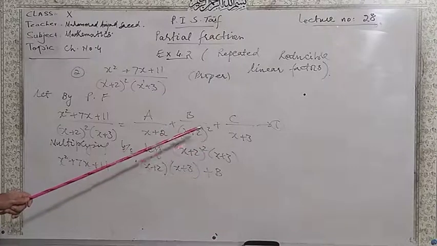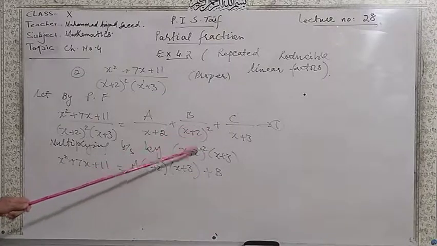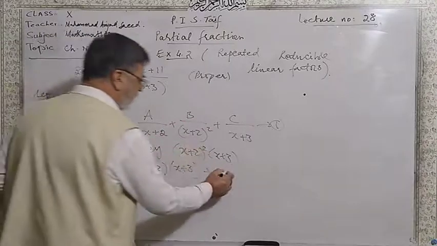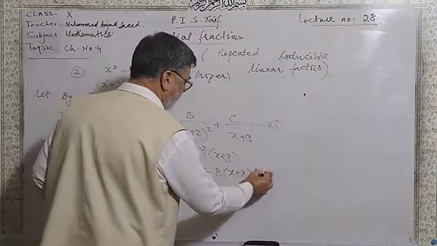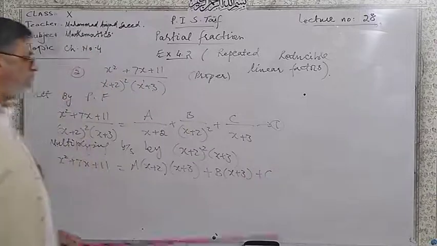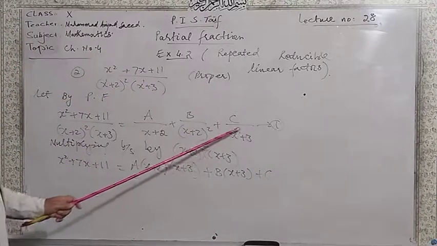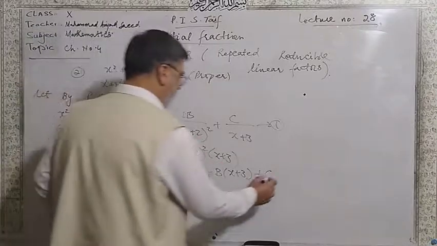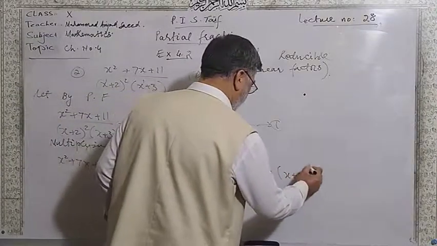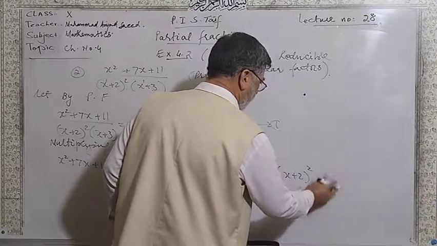So x plus 2 square, x plus 2 square whole, they are cancelled out. We are left with x plus 3 plus c into, when it is multiplied by this LCM, x plus 3 cancelled out, and we are left with x plus 2 whole square. That is equation number 2.